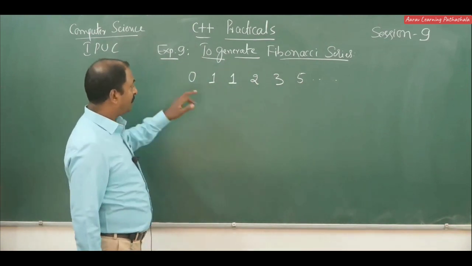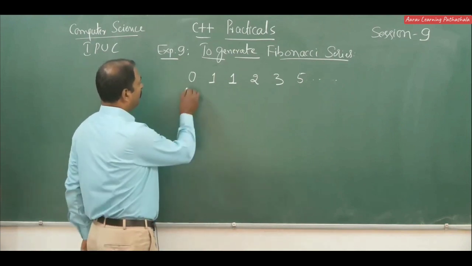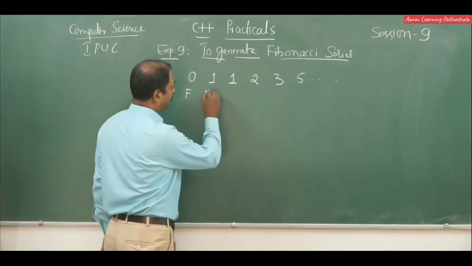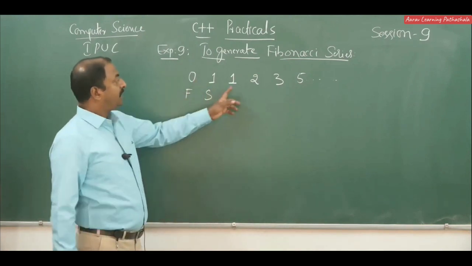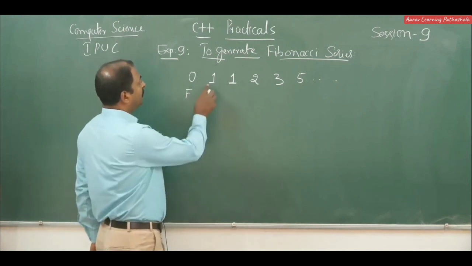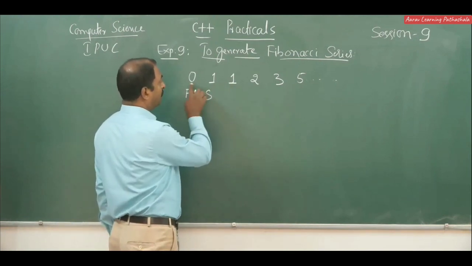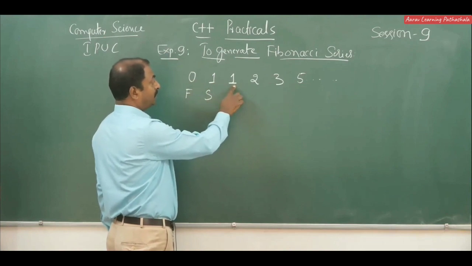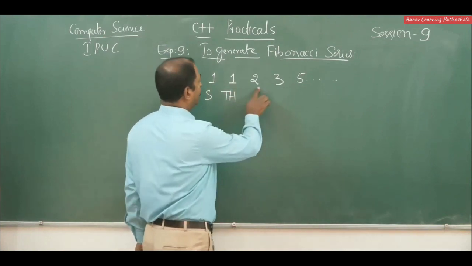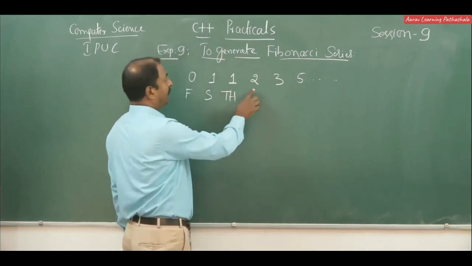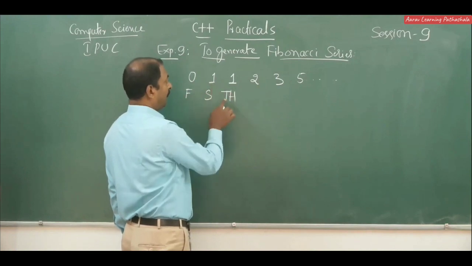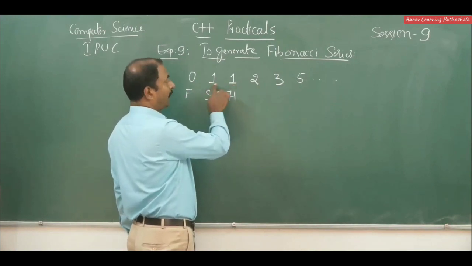In Fibonacci series, the first term is always 0, the second term is always 1. The third term we obtain by adding the previous two terms. For example, 0 plus 1 is 1, and this is your third term. Next, we get the fourth term by adding the previous two terms, like 1 plus 1, 2.